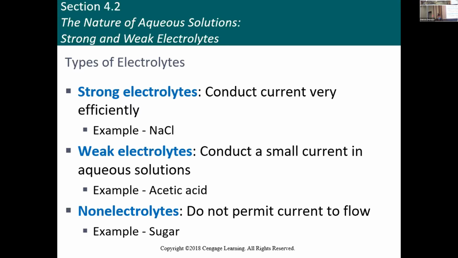So oil would not be a non-electrolyte. A non-electrolyte is something that does dissolve in water but doesn't ionize. Something non-polar, like grease or oil, doesn't have polarity, so it won't dissolve in the first place. So you can't consider it to be any of these types of electrolytes.